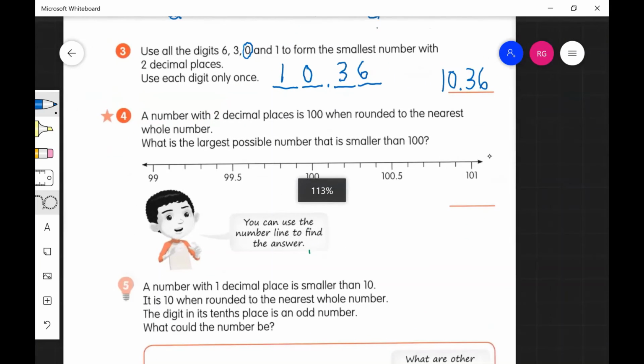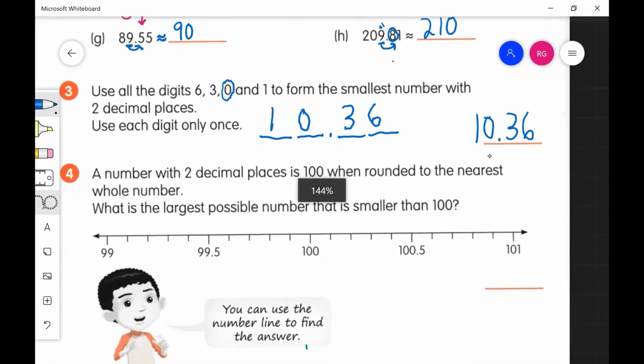And let's look at the last couple here. It says a number with 2 decimal places is 100 when rounded to the nearest whole number. What is the largest possible number that is smaller than 100? And I guess this is 99.9.